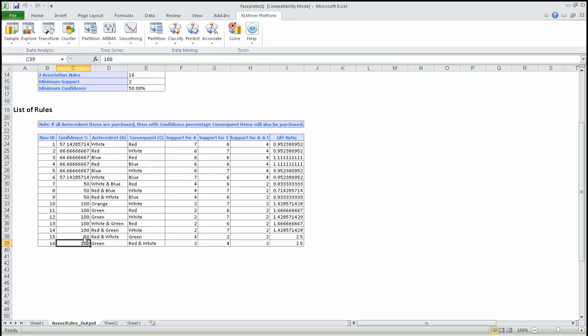Now let's look at what this 100% means. We said this is nothing but the probability of C given A. So how do you calculate that?